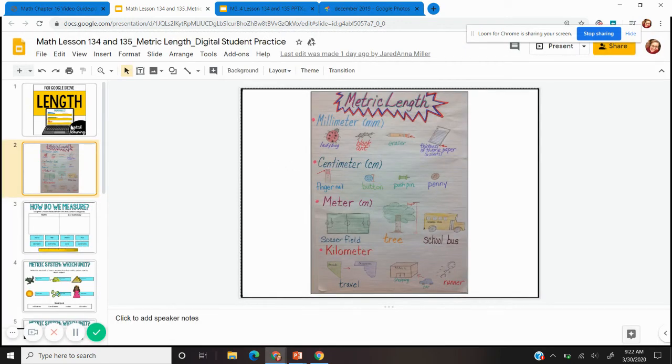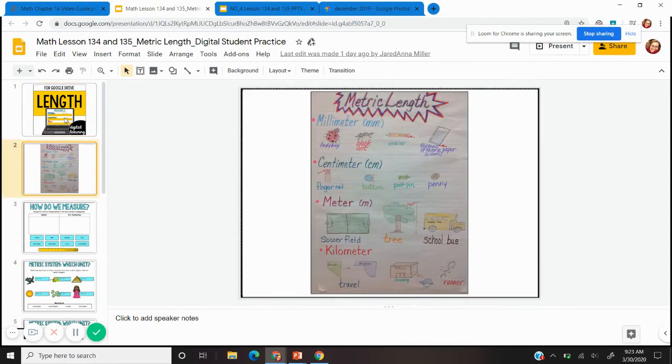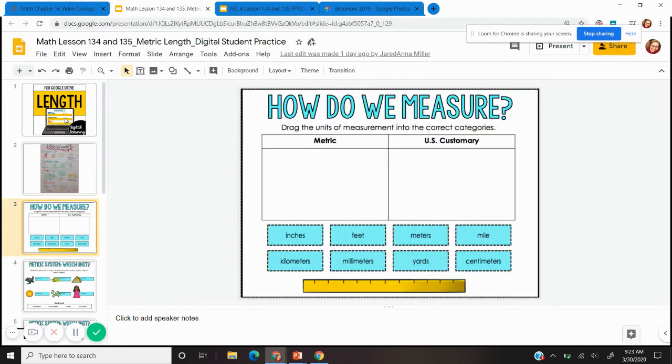This is a document that you will use to show your understanding of length in the metric system. So I put this right here just as a reminder for you. After you watch this video, this could be something that you refer back to. I really like these Google Slides. I'm going to make a copy for everybody, and you get to actually use this and write on it and move the pieces around just like it's your own worksheet.